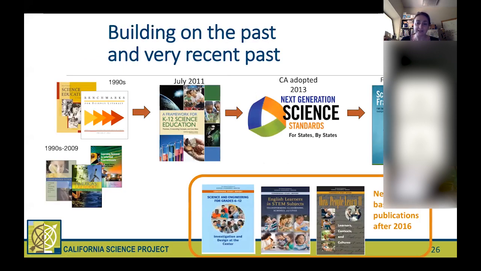And I'm using a slide that I presented also at the last webinar, where I'm showing here that since the 90s, all the way to the left of the slides, there started to be a very strong convergence in research regarding how students should learn the best science, and in which environment students of any learning styles are best learning science.